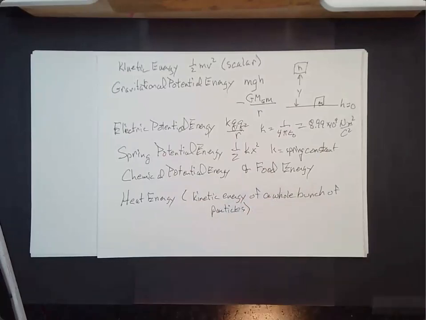For instance, the heat energy in a room would be the kinetic energy of all of the air particles in the room. And those air particles are mostly nitrogen, but there's also oxygen and argon and carbon dioxide molecules and water molecules moving around in there, and cold viruses that might have come out of somebody's mouth as they're breathing, and just all kinds of stuff. Those are all moving around actually at a pretty good clip most of the time.